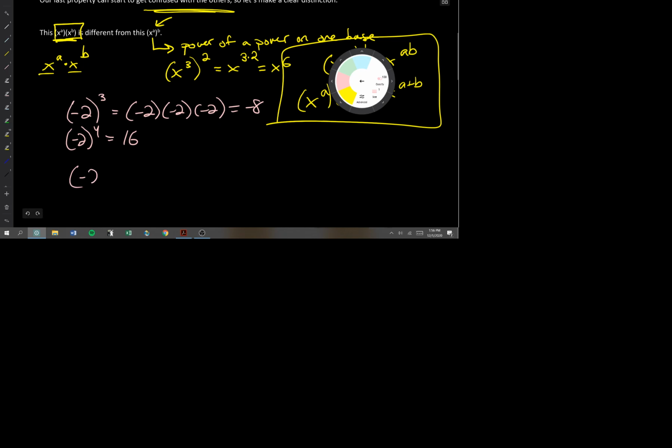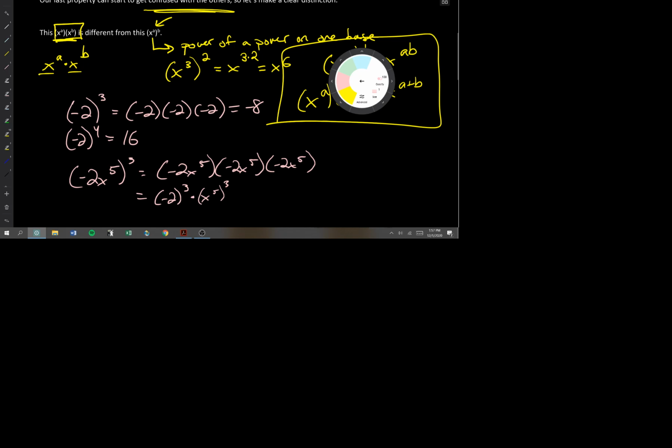If I had something like this, -2x to the 5th to the 3rd, well, I have to think about the fact that everything is being brought to the 3rd power. There's 3 of these -2x to the 5ths. So what it really becomes is -2 to the 3rd and x to the 5th to the 3rd.